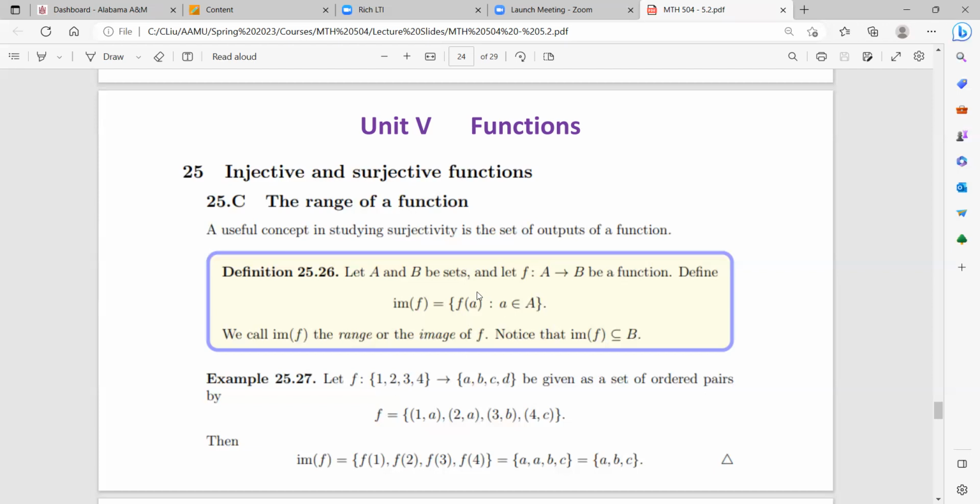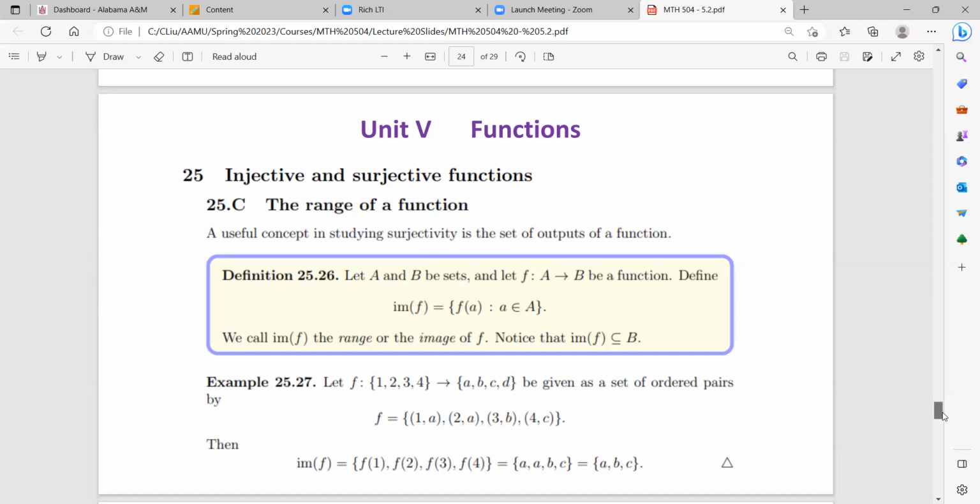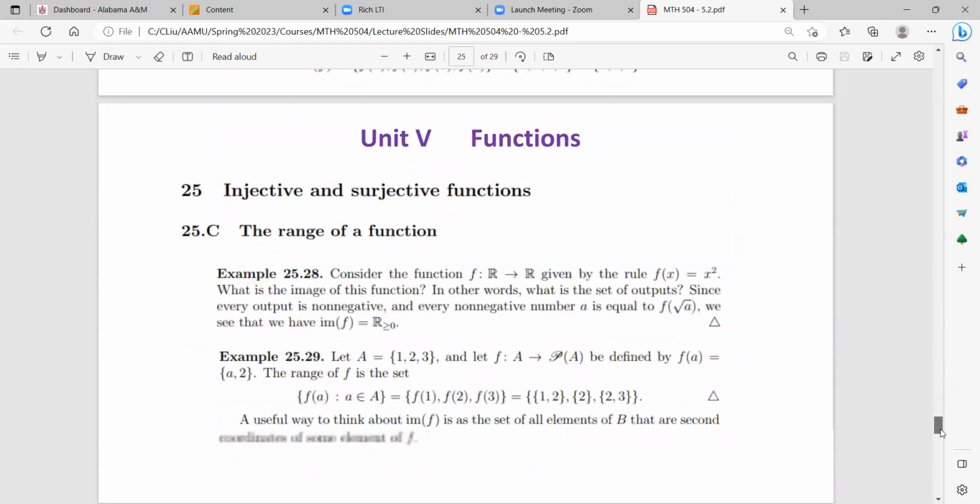So according to the definition, this range only has 3 elements, and the codomain has four elements, so they're not the same. The range is smaller than the codomain.